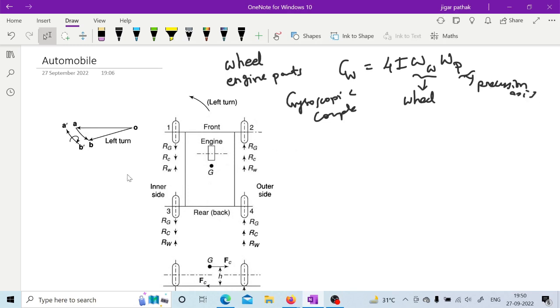It means this vehicle has an axis of spin, and there must be a certain axis about which it is taking this turn. So there will be some radius to the center of this axis through which it is taking the turn. So this will be the axis of precession in that case.